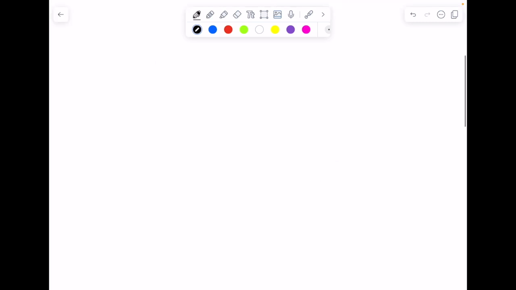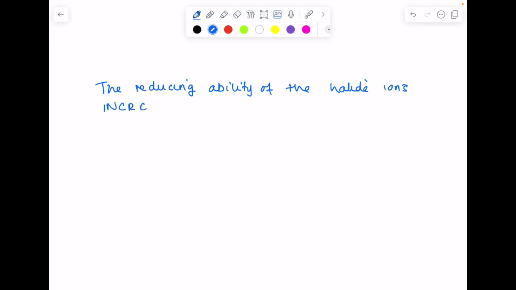So starting with the bold statement that the reducing ability, so their ability to act as reducing agents of the halide ions, increases down the group.